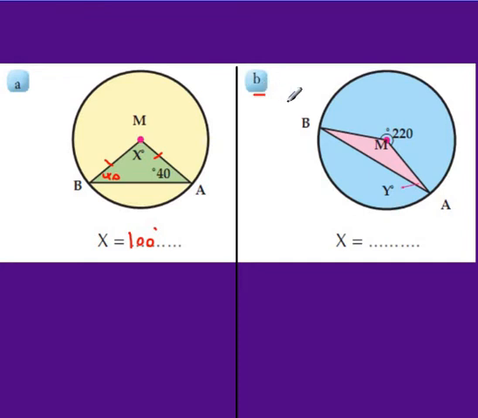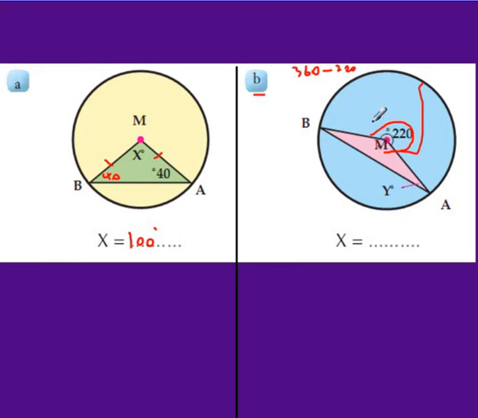In figure B, measure reflex angle AMB equals 220. Then the measure of angle AMB equals 360 minus 220 equals 140.